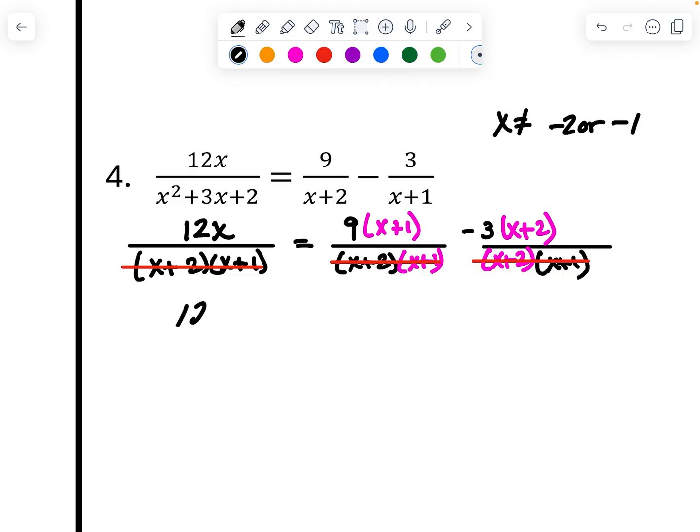And that gives you 12x equals, make sure you distribute, 9x plus 9. And make sure you distribute negative 3x minus 6. Combine like terms.